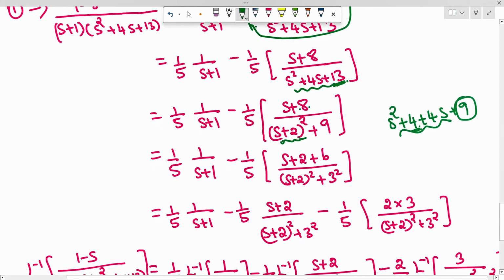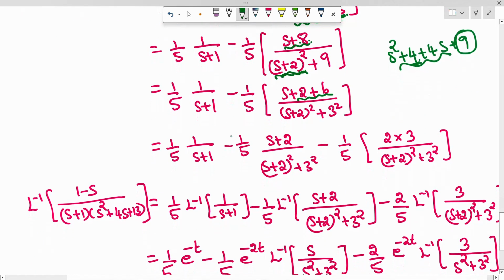In the denominator we have s plus 2, and we need s plus 2 in the numerator also, but we have 8. The 8 can be written as 2 plus 6. Now the first term is the same, 1 by 5 into 1 by s plus 1. Minus 1 by 5 into, now we are going to split into two parts. The denominator term is common for both numerator terms.